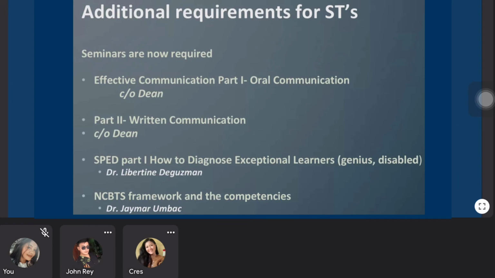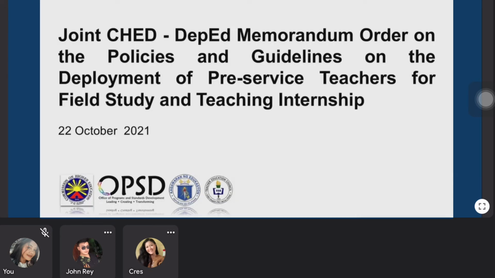Then SPED part one, how to diagnose exceptional learners, genius and disabled, by Dr. Libertine de Guzman, and lastly, the NCBTS framework and competencies by Dr. J. Mark Umbach. Then the joint CHED-DepEd memorandum order on the policies and guidelines on the deployment of pre-service teachers for field study and teaching internship.